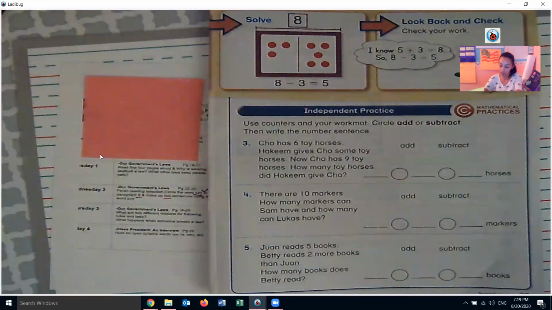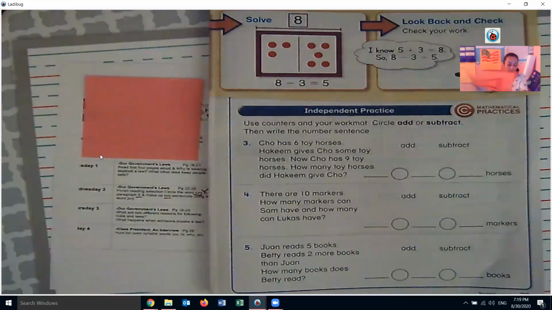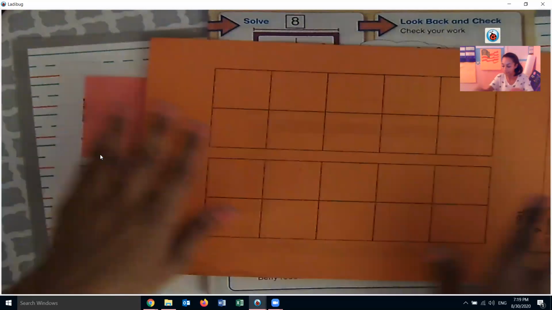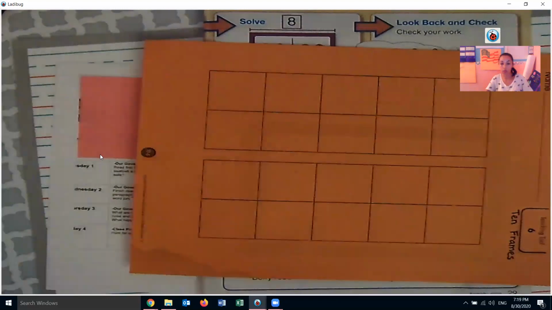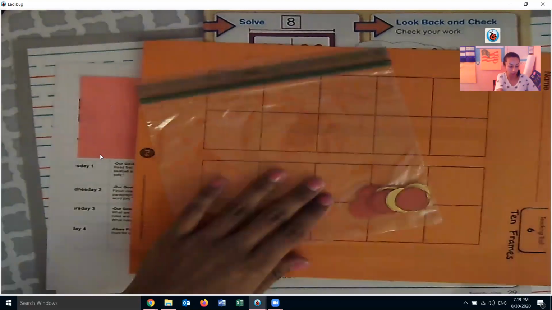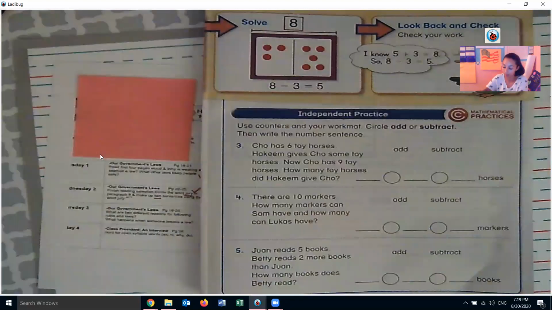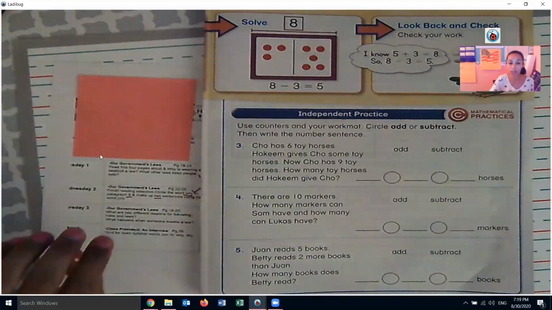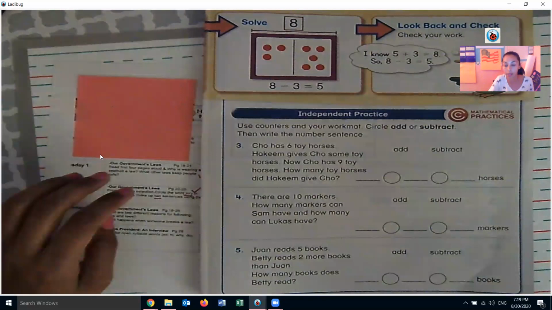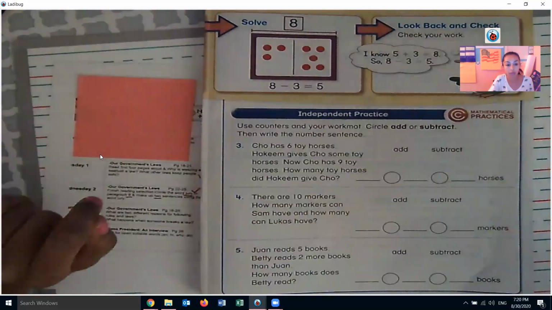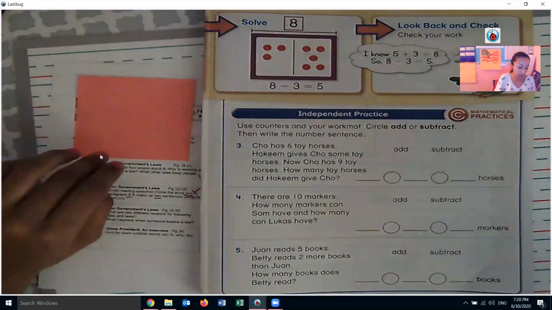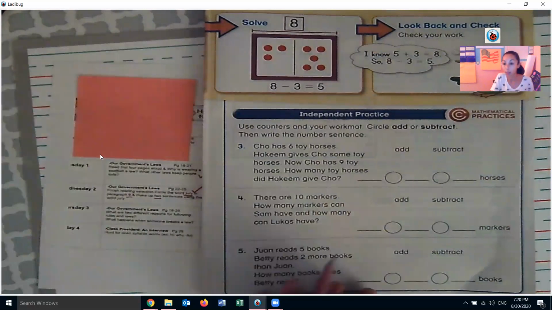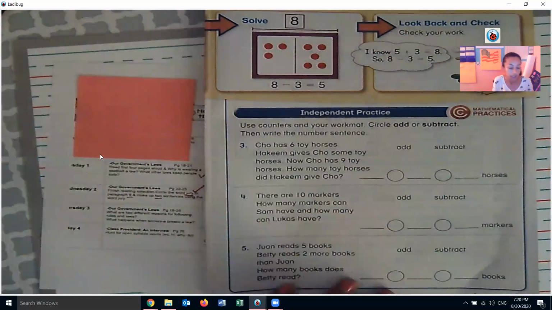So this is your 10 frame, an orange paper, and then you have your counters that you've cut out. So you can use this to help you solve your problems, or any tools that you feel are helpful. You can also go on our math manipulatives through our Seesaw virtual classroom. There's digital manipulatives if you prefer that. For now, I'm just going to use paper, pencil, and maybe draw pictures.